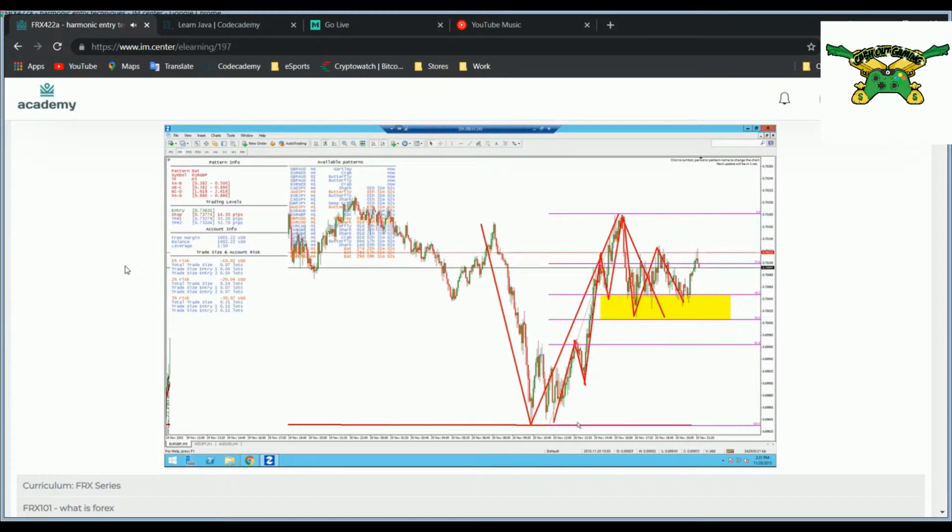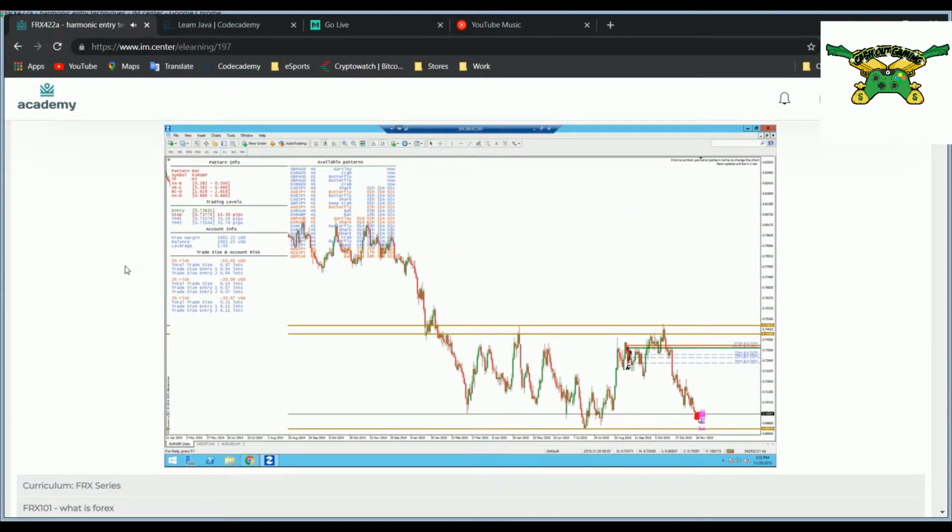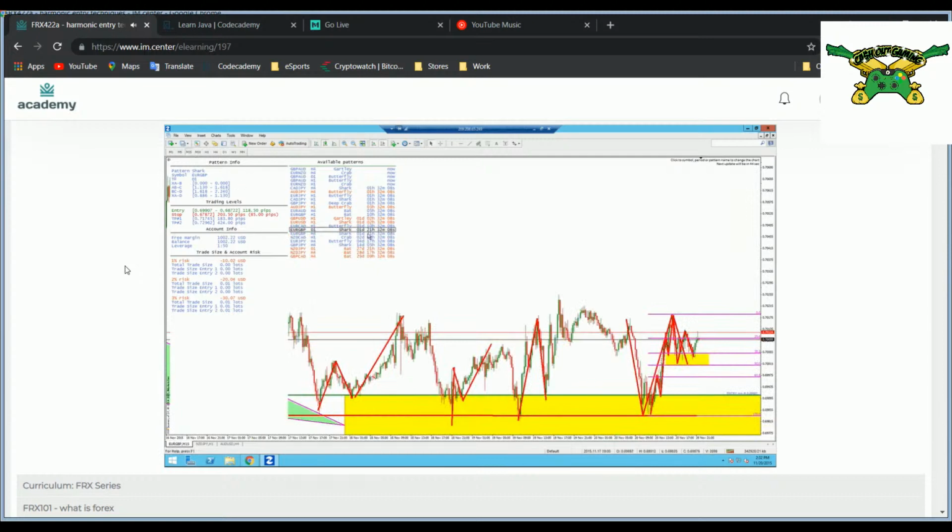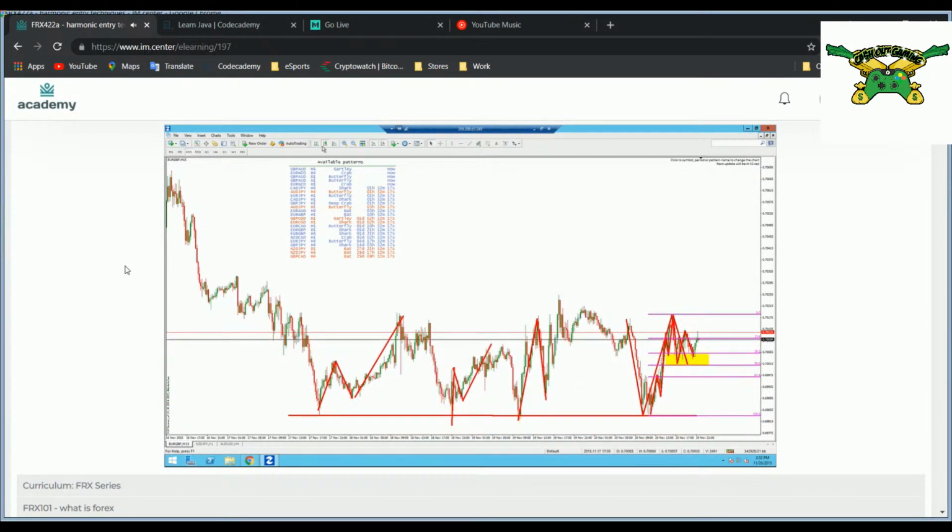You're not trying to buy down here and try to catch the turn. Let the market move, because if we look at the higher time frame, and forgive me, it's all messed up. If this market's going to go up hundreds and hundreds of pips, you don't want to risk hundreds and hundreds of pips. That's where the edge comes with having the harmonic scanner. Think about this.